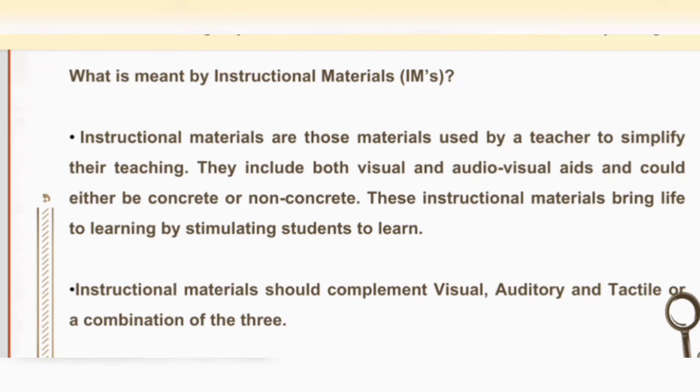Second, instructional materials should complement visual, auditory, and tactile learning, or a combination of the three. Examples of visuals are PowerPoint, visual aids, educational video. For auditory, listening to the radio, an instrument, and for the last, tactile, examples are passing the ball and using a puppet.